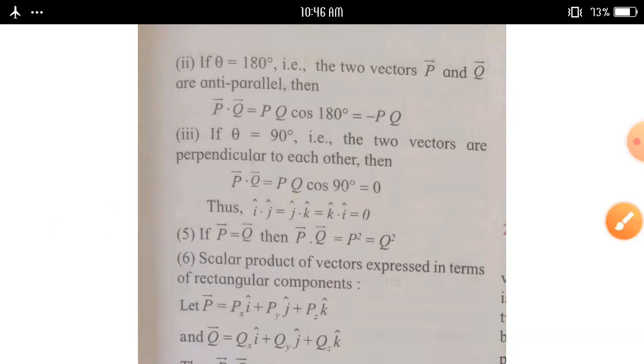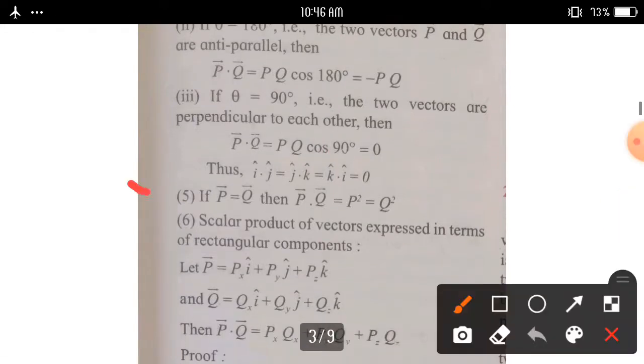Thus we can write another case: i cap dot j cap is equal to j cap dot k cap is equal to k cap dot i cap is equal to 0. Here, for different unit vectors, the dot product is also 0.